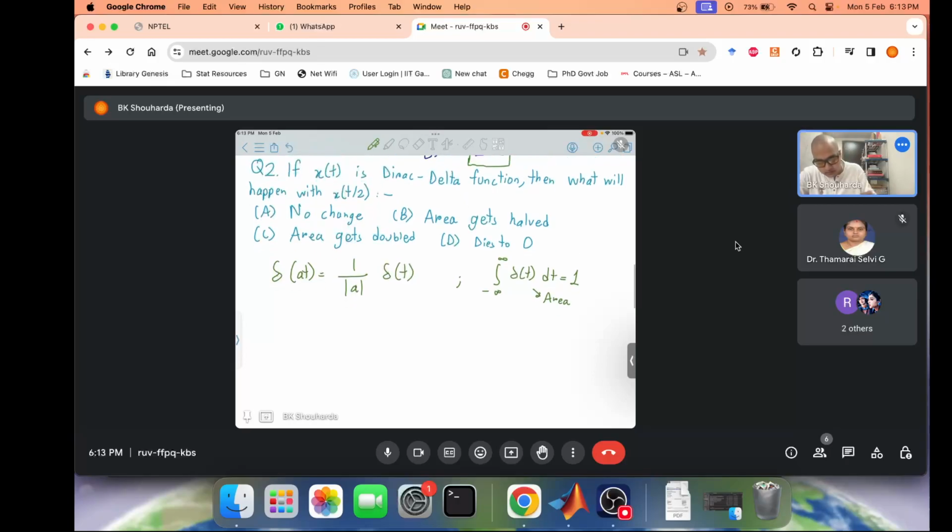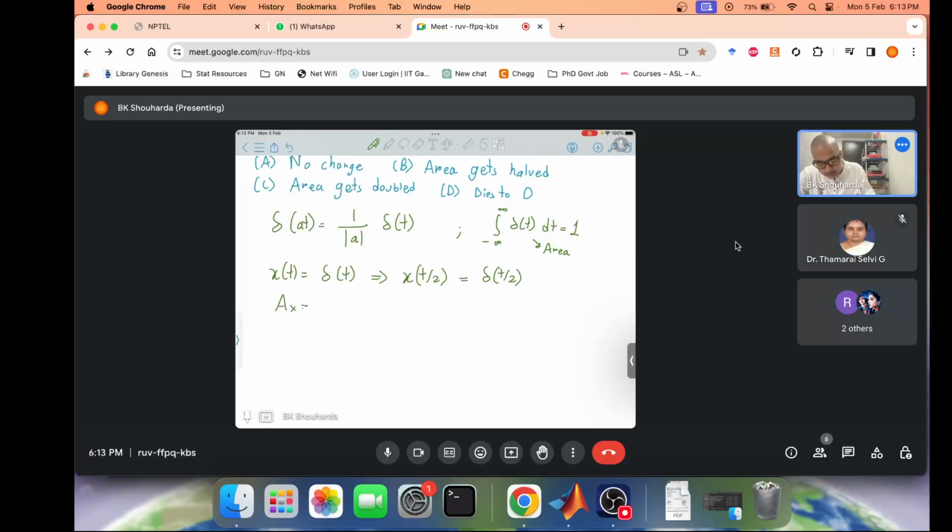So now what are we doing? Our x(t) is delta t, which implies x(t/2) is delta t/2. So what is the new area? We can write the integral of delta t/2 dt as the integral of delta of half t dt.